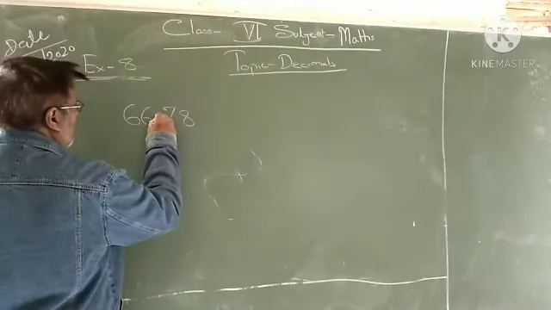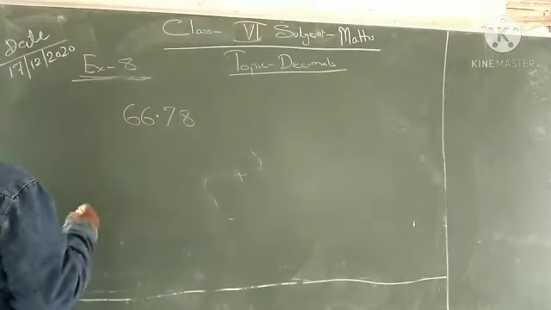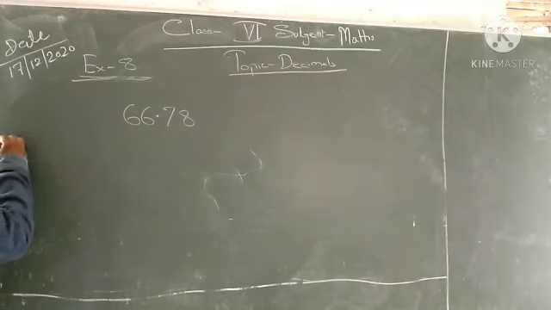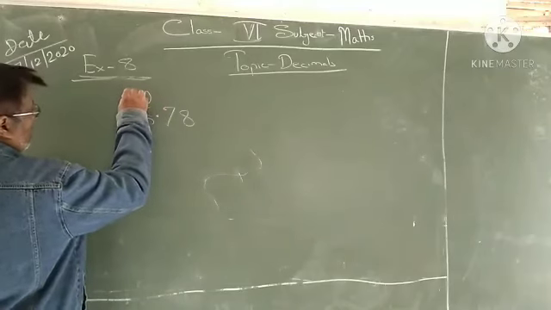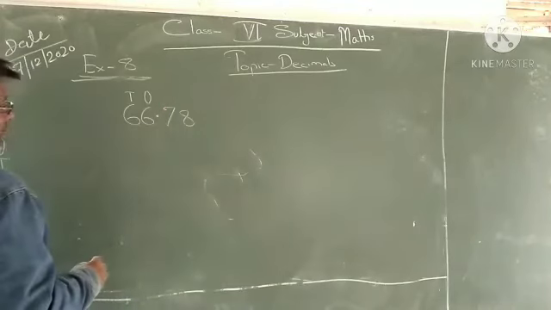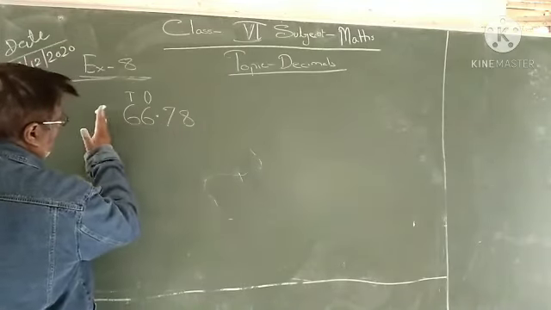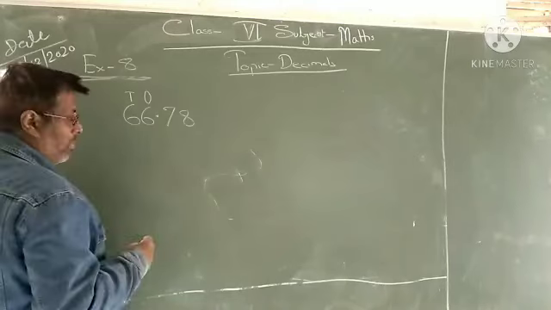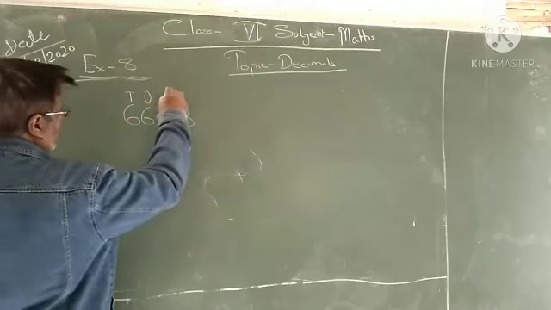When there is a point over here, we have all studied ones, then tens, hundreds. So the ones start from here, then the tens. When we go to the left side of the point, we increase from ones to tens.